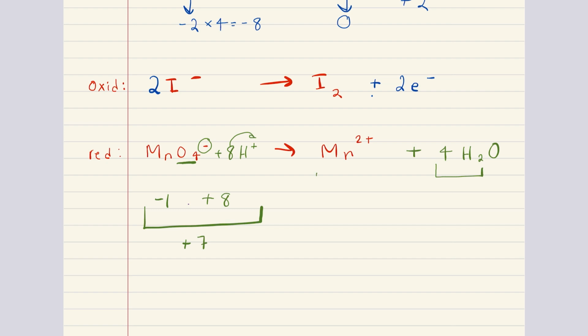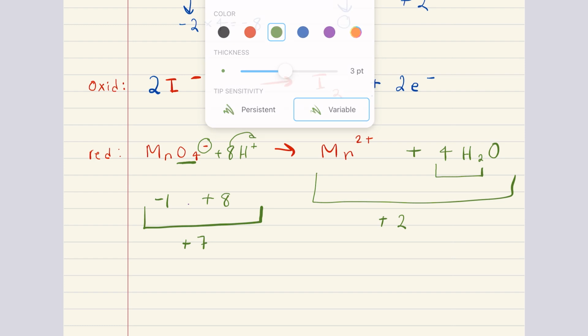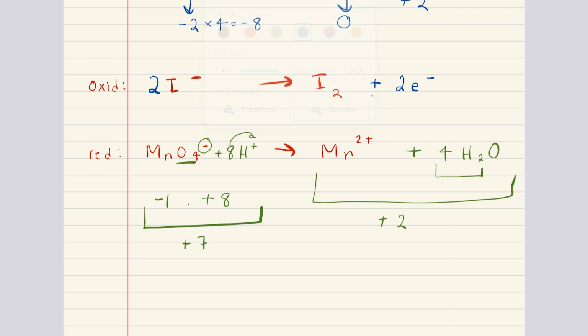On the product side, we only have a charge of +2 from that manganese 2 ion. The only way that we can balance these charges is if we add 5 electrons to our reactant side. When we do that, we now have a total charge of +2 in the reactant side that perfectly matches our +2 charge on the product side.